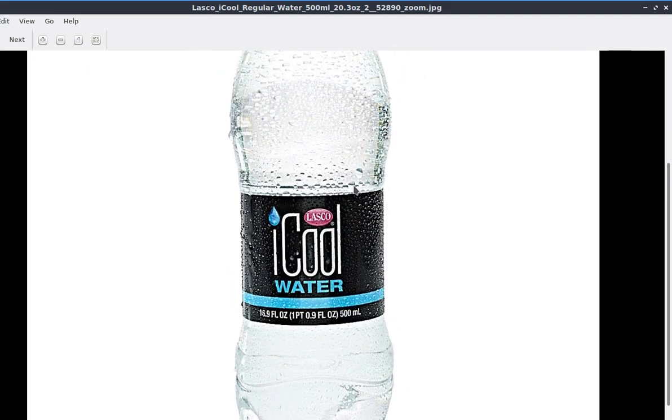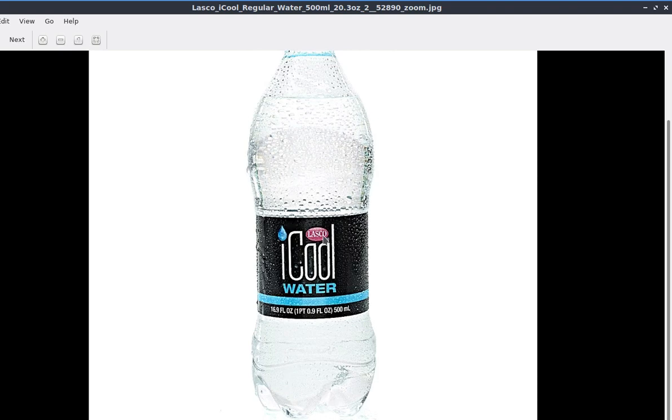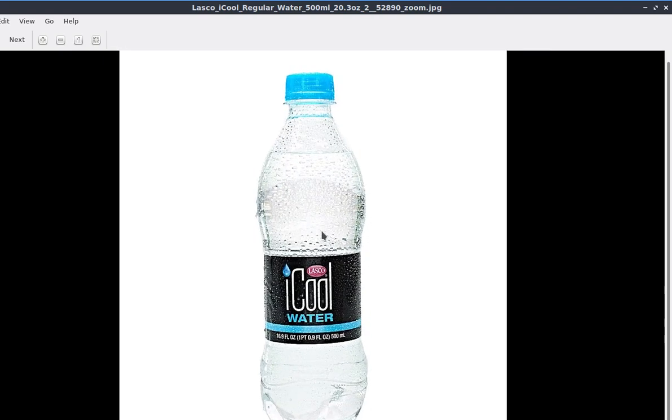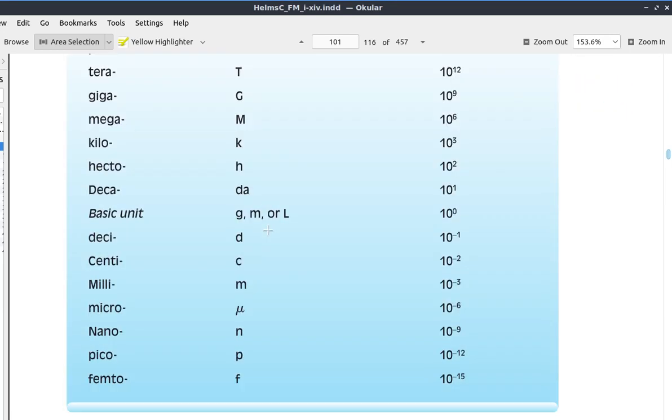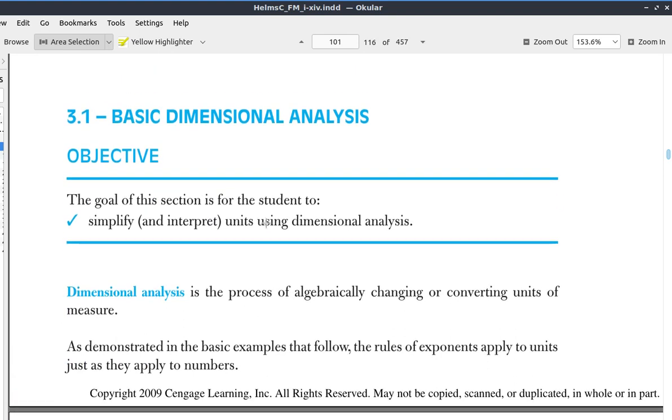So the syringe that we saw, the 5 milliliter syringe, it would take 100 of that to fill this bottle. Now, what we're going to do in the next video is look at this section, basic dimensional analysis.